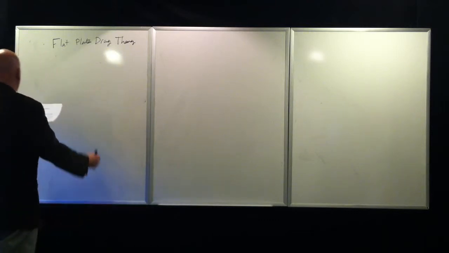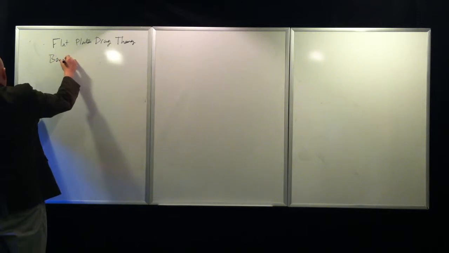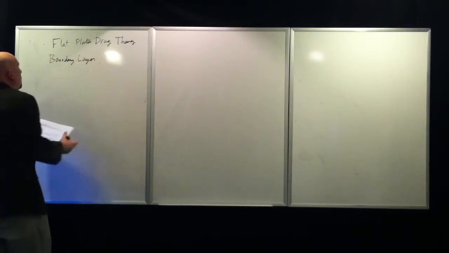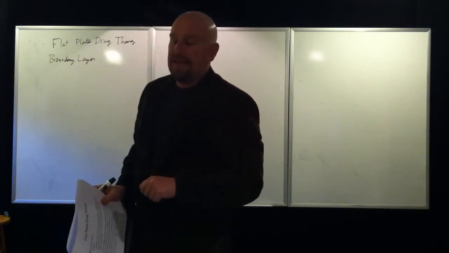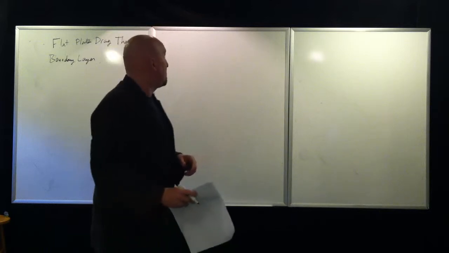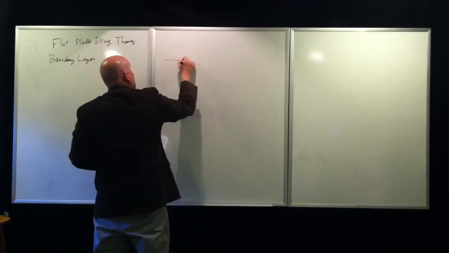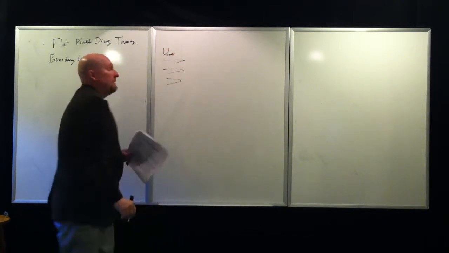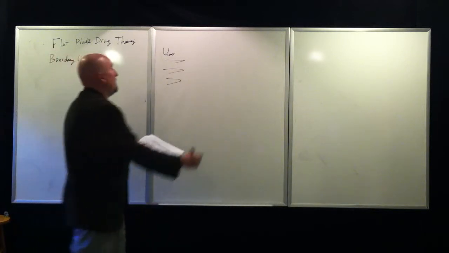Okay, first thing I want to discuss, and we've alluded to that a few different times in the lectures, is a boundary layer. So, if we have a free stream velocity coming in, it's going to have the fluid going over a flat plate.